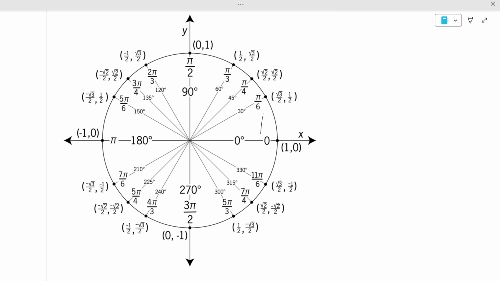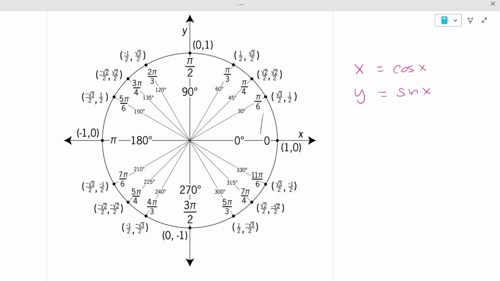Now, with this right here, x equals your cosine, y equals your sine. You do not get to write this on your unit circle, but you could write it in your notebook. That would be a good place to write this down. So on the unit circle, x is your cosine, y is your sine.